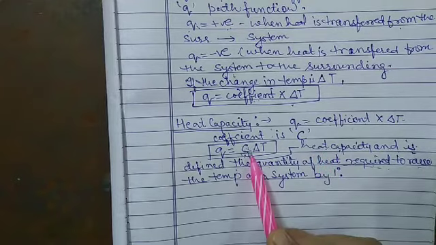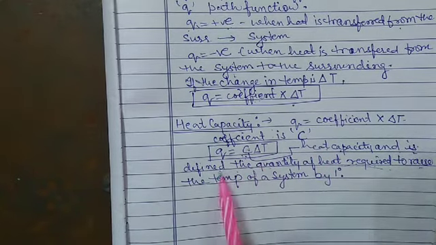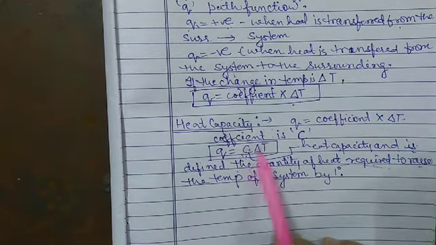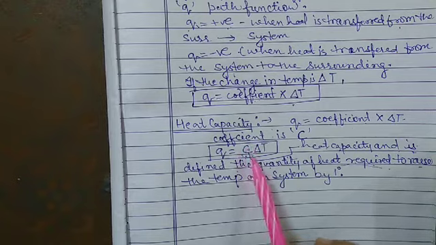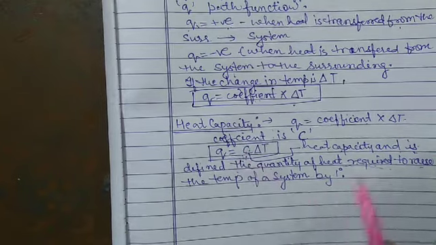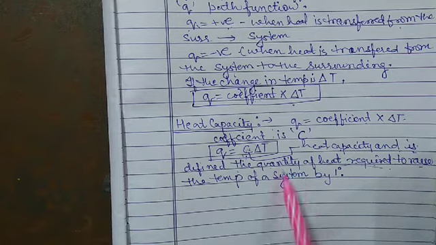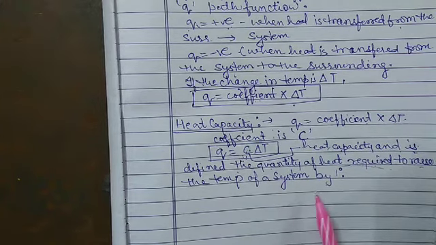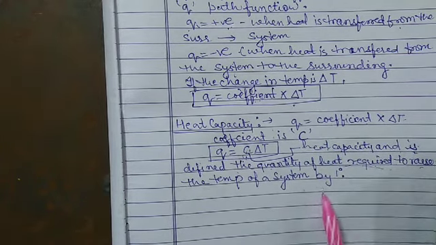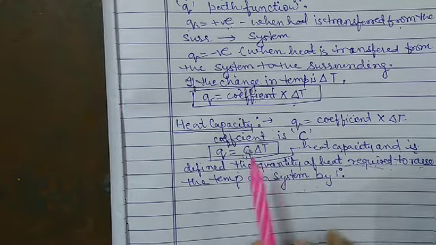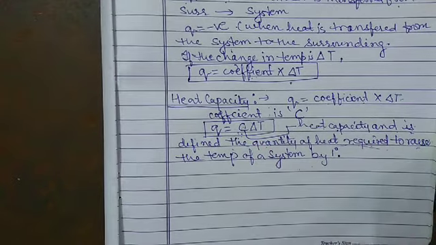C is the quantity of heat which is required to raise the temperature of the system, not the surrounding, by 1 degree. That is called the heat capacity.